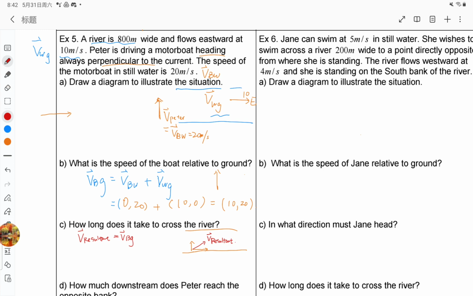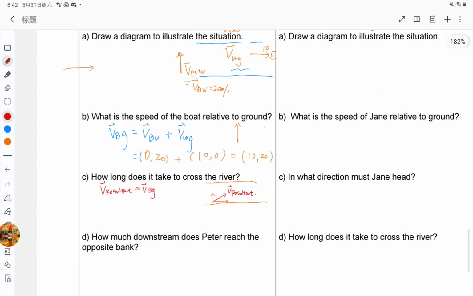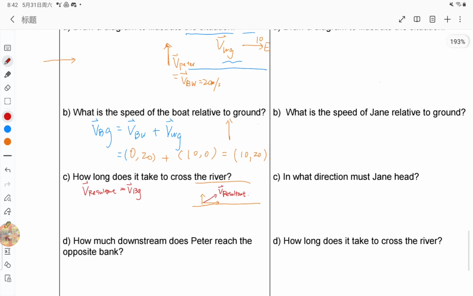This is our VBG, right? So VBG is of this direction.